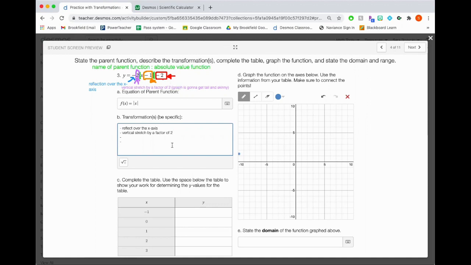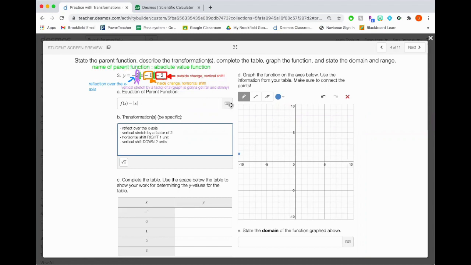And then the -1 is my horizontal shift right 1 unit. And then the -2, since it's outside, is a vertical shift down 2 units. Those are all the transformations happening here.